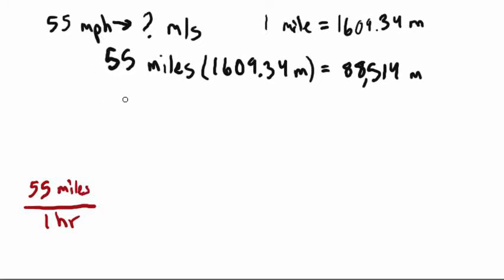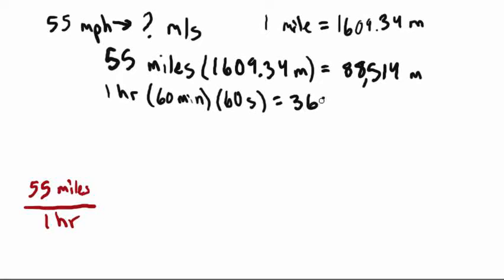My time conversion: in 1 hour there are 60 minutes. Again, I'll multiply. And in every minute there are 60 seconds. So 60 times 60 is 3,600. You'll probably get pretty used to that number eventually.